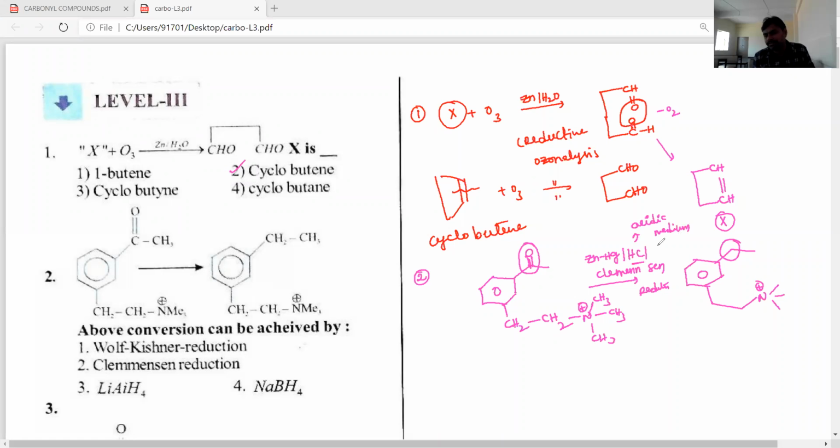It affects acid labile groups, but the quaternary ammonium salt NH3 plus is an acidic group, so it does not affect this group. But if it is treated with hydrazine followed by base, meaning OH minus ion, then that is Wolff-Kishner reduction.